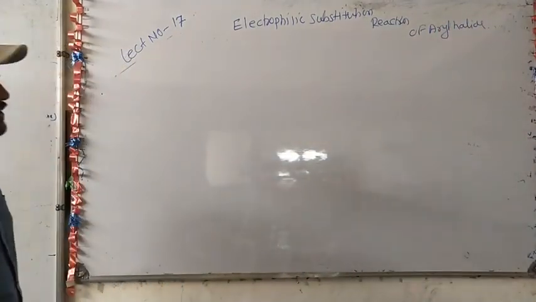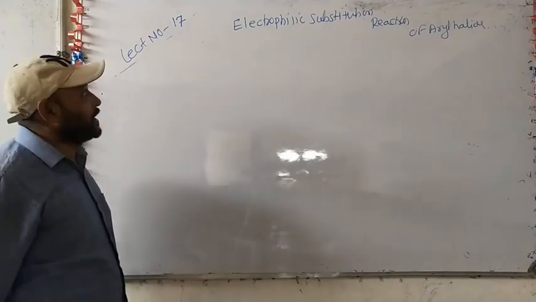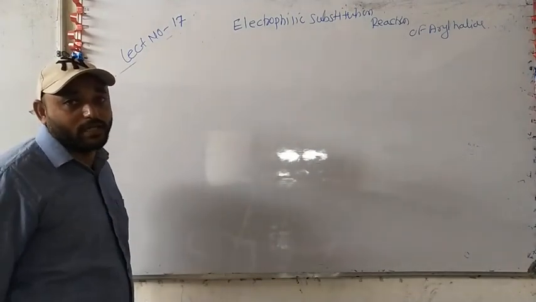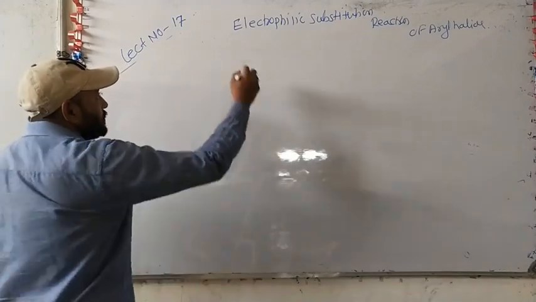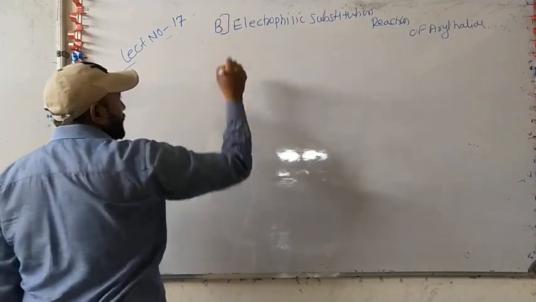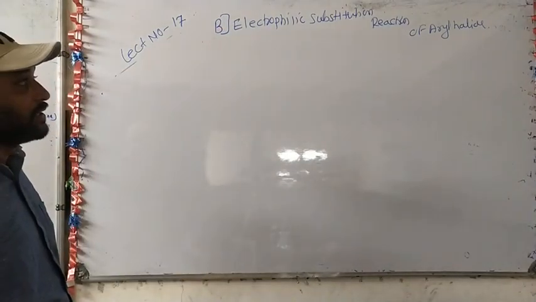In the last lecture we have seen nucleophilic substitution reaction in aryl halide, and today we have to see the other type of reaction, electrophilic substitution reaction of aryl halide.